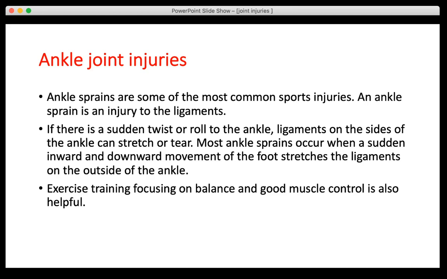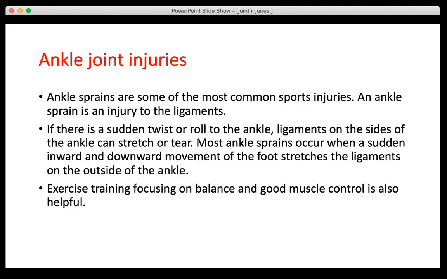Ankle sprains are some of the most common sports injuries, usually due to a problem in the ligaments, tearing or overuse of ligaments. If there is a sudden twist or roll to the ankle, ligaments on the sides get injured or torn, and this leads to problems in movement at your ankle.